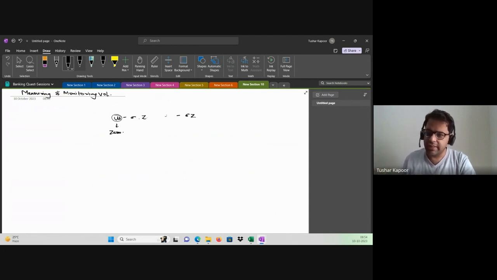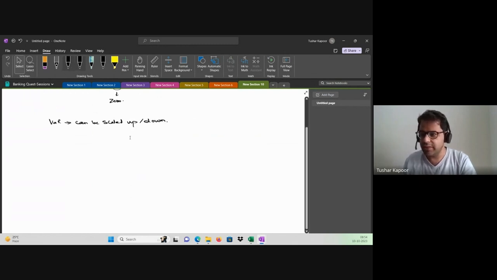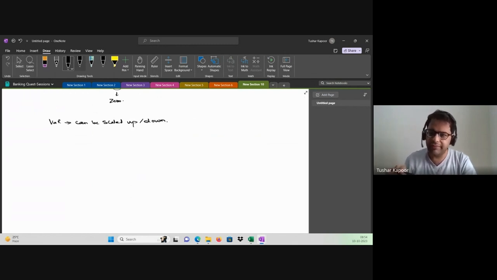Just like the standard deviation can be adjusted, a VAR can be scaled up or down, just like your standard deviation can be scaled up. So that means a monthly figure can be converted into a yearly figure, an annual figure can be converted into quarterly, quarterly can be converted to daily, daily can be converted to monthly, and so on and so forth. So there are ways through which you can scale up and scale down the VAR number.